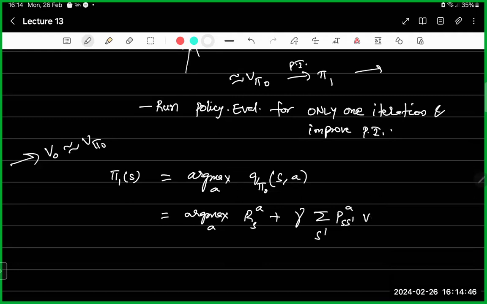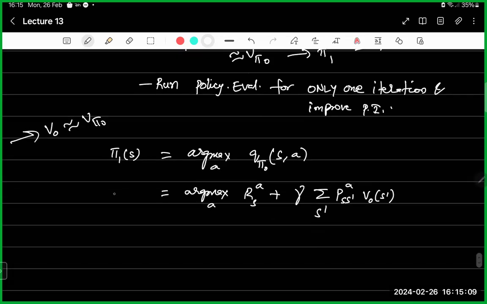We are just approximating v pi naught of s dash as v naught, so it's v naught of s dash, right? The immediate reward plus the remaining return. This is the immediate reward that you'll get for taking action a, and this is the remaining return from wherever you go. Now this is the policy improvement step.